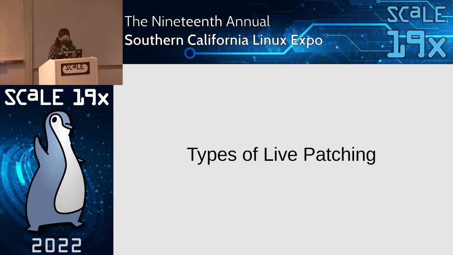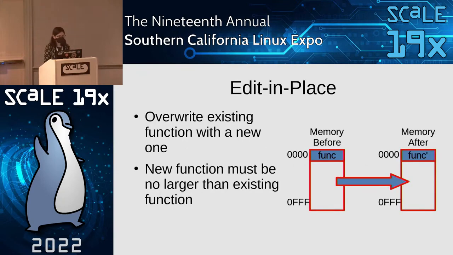All right. Okay, types of live patching. And by this, I just mean conceptually, how I would perform live patching. So I have edit in place, where I could overwrite an existing function with a new one. Generally, when I talk about doing a live patch, I'm talking about patching a function.